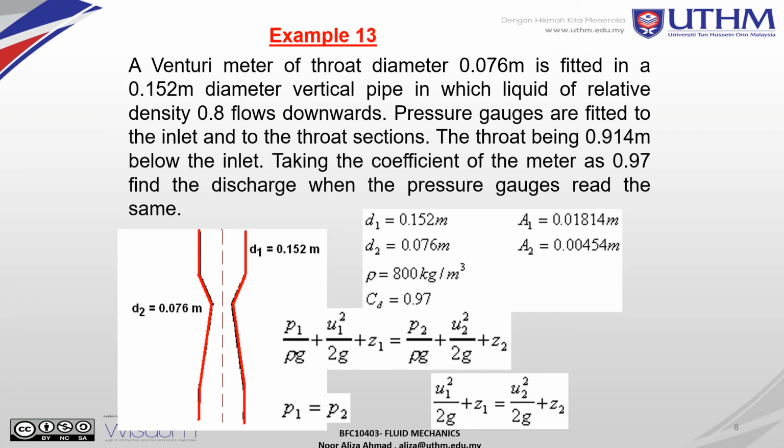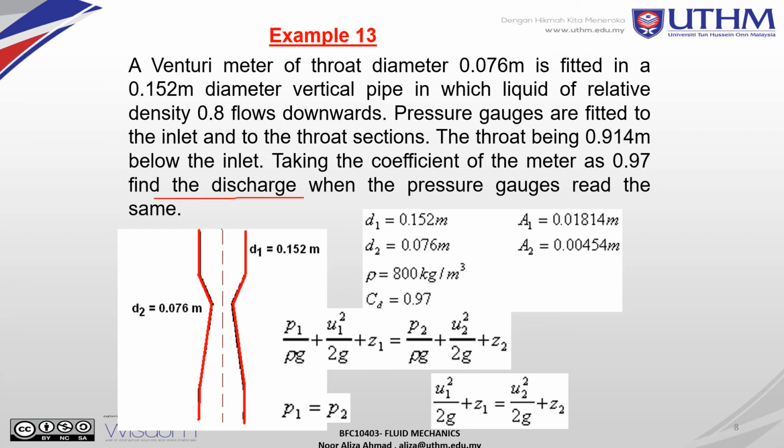Pressure gauges are fitted to the inlet and to the throat section, the throat being 0.914 meter below the inlet. Taking the coefficient of the meter as 0.97, find the discharge.